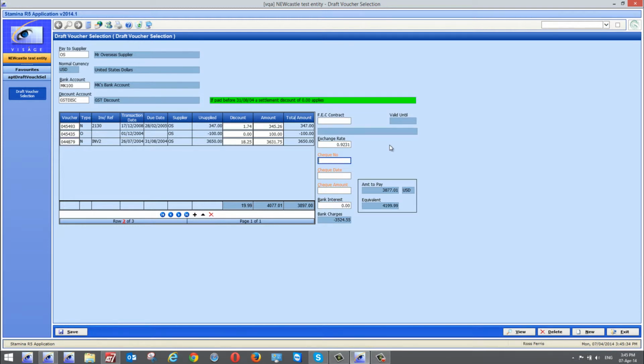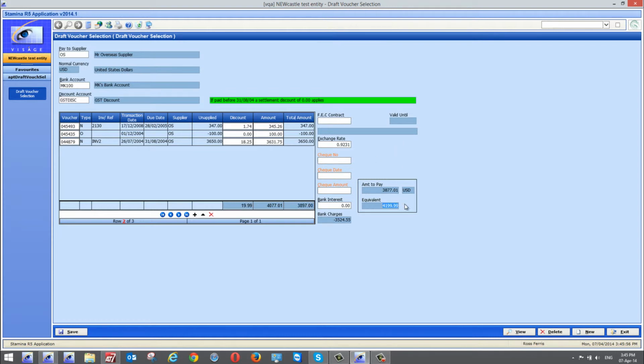Now, once more, you would normally be contacting the bank beforehand if you don't have the overseas facility directly, and you would say, can you please give me a price to buy $3,897 US, inclusive of your fees and so forth, and they would tell you, yes, you need to write us out a cheque.